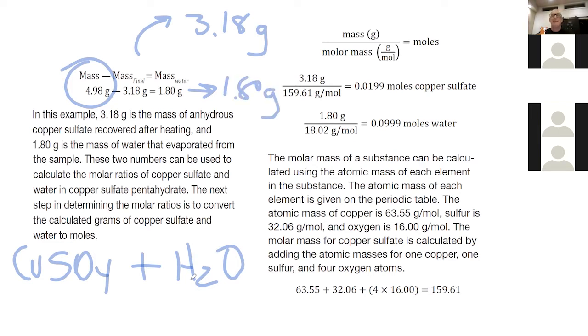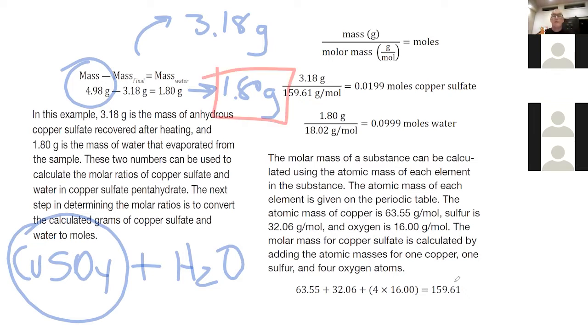And so we have to make the assumption that the mass that was lost is all due to water, because copper sulfate doesn't turn into a gas until several thousand degrees. And we're not going to be playing with that kind of temperature tonight. It's going to be a few hundred degrees, but that's about it. So we have to assume that this is the mass of the water.